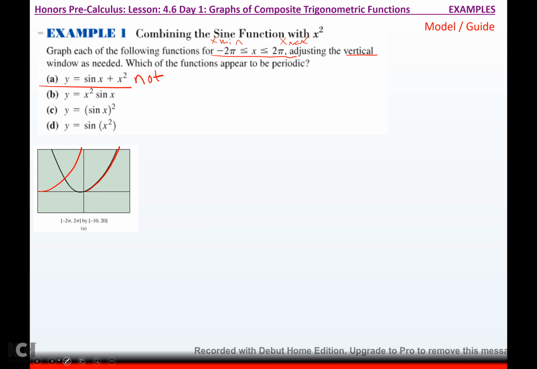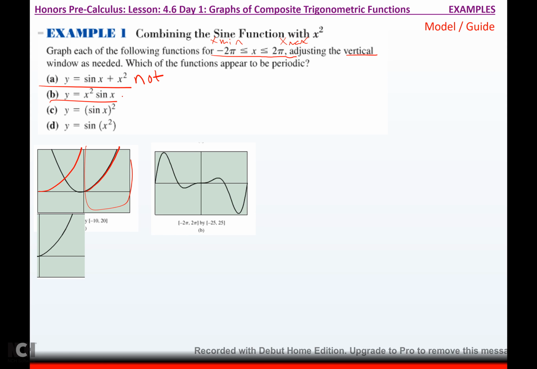If I graph x squared, if I took this half and drew it over here, it would not look like that half. If I graph x squared times sine x, I get this graph. Again, if I pick up this half and draw it on the other side, these two do not look the same, so it is not periodic.